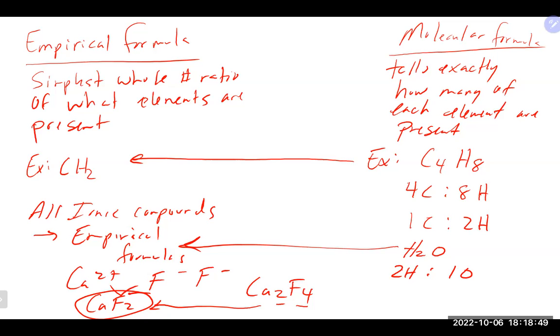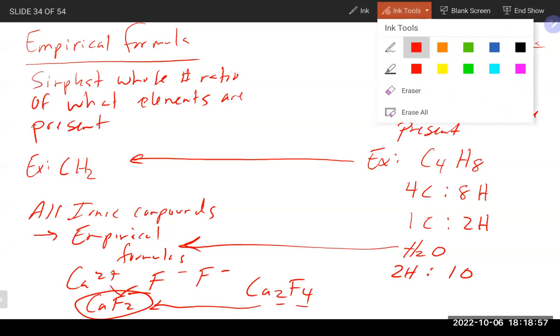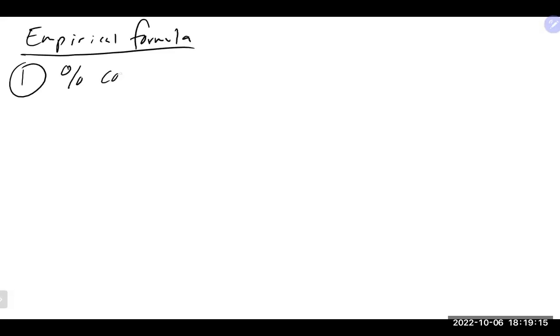So let's talk about the steps to calculate an empirical formula in a textbook problem, the steps that you should follow. The first step is, if you are given the percent composition by mass, which is very commonly done, you can assume that you have 100 grams of it and turn the percentages into grams.